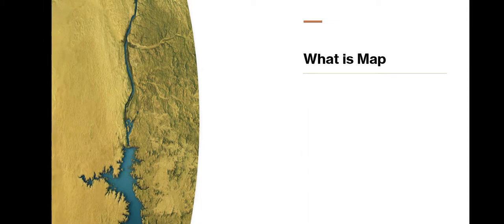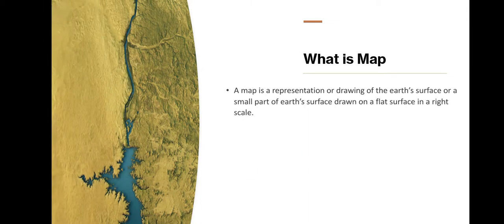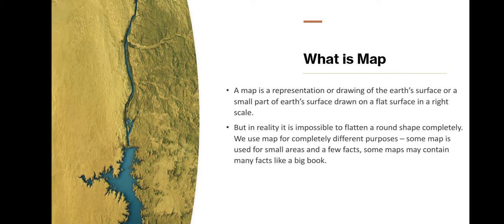Now, what is map? A map is a representation of drawing of the earth's surface or a small part of earth's surface drawn on a flat surface in a right scale. Here, in reality, it is impossible to flatten a round shape completely, right?